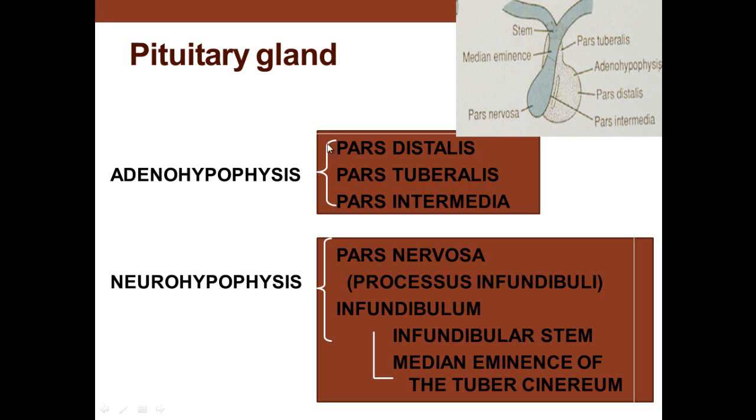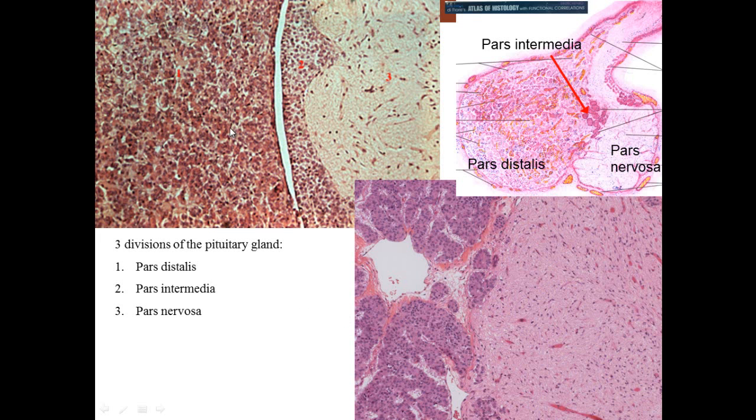Two major divisions: the adenohypophysis, which is all epithelium type parenchymal cells, and the neurohypophysis, which is nerves and axons. And here we can see the pars distalis, pars intermedia, pars nervosa, pars tuberalis on the outside, median eminence, and infundibulum stalk.